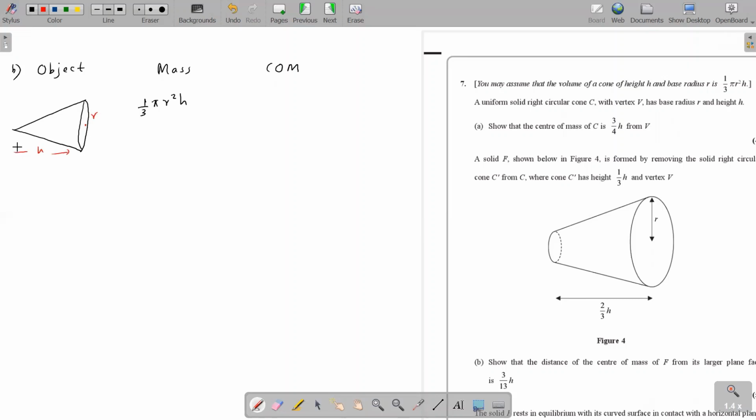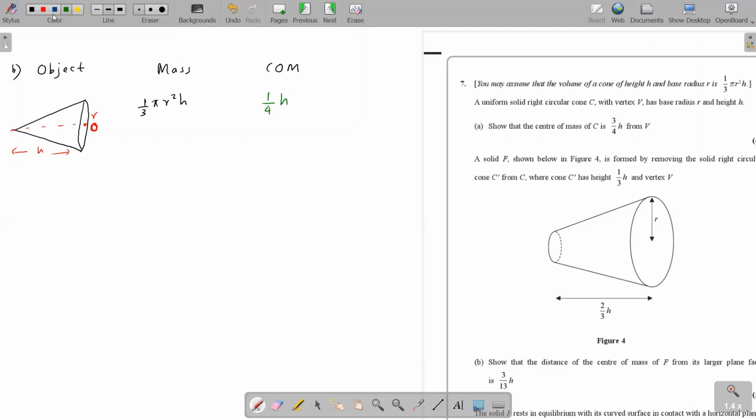And center of mass, they say they want it measured from the larger plane face, right? So shall I take it from the larger plane face then? Shall I take the O as this point? So if it's O at that point, can I know the center of mass of this cone? So just a moment ago, we found the center of mass is 3 over 4h from the vertex. So which means from the plane face, this is 1h. So 3 over 4h from vertex means from the other end, it should be 1 over 4h.